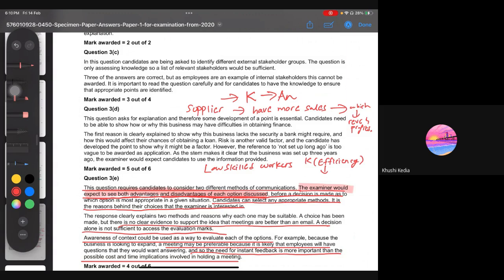If efficiency is low, there will be lesser output and more mistakes, which will cause a bill. So this is your sort of analysis.